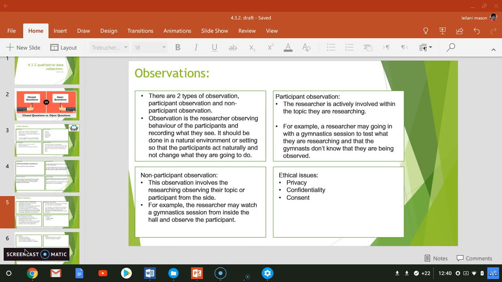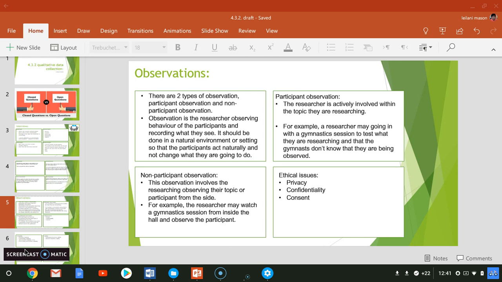So the gymnast might give their feelings on how this stretching actually helps and if the stretching is quite painful or not. And this method is useful when trying to discover the more delicate aspects of group behaviour and not being known that they're being assessed.